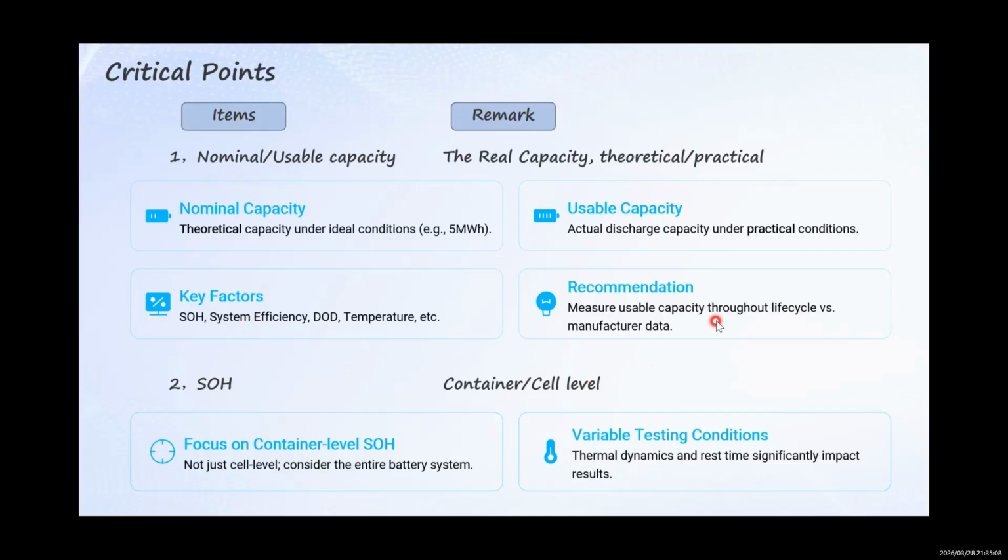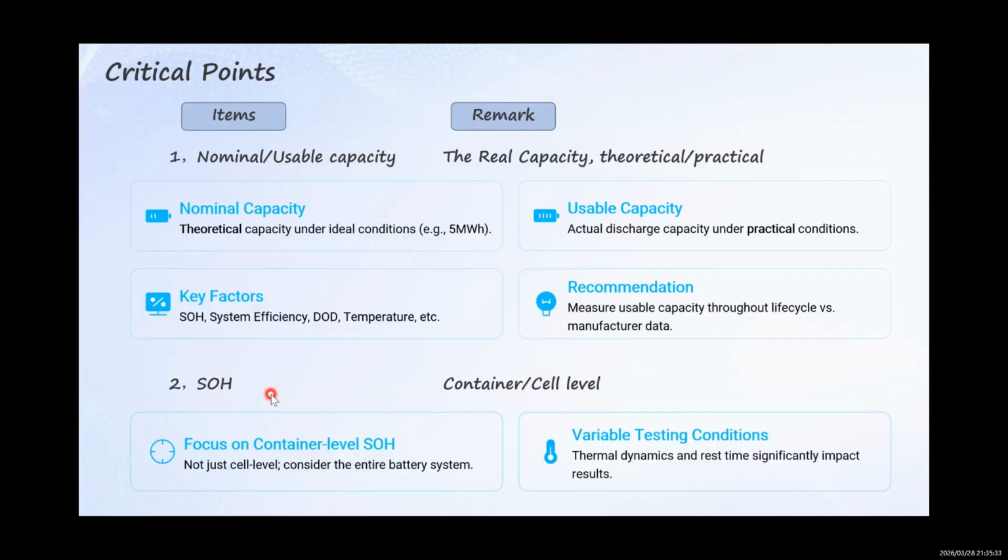So we need to measure the usable capacity throughout the whole life cycle of the battery container to obtain a more accurate understanding of capacity degradation, and compare with the simulation data provided by the manufacturer.